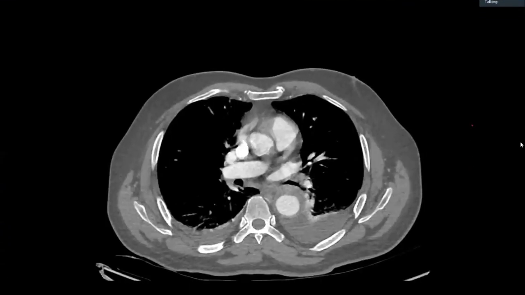I am provided with a CT scan of the thorax, mediastinal window.